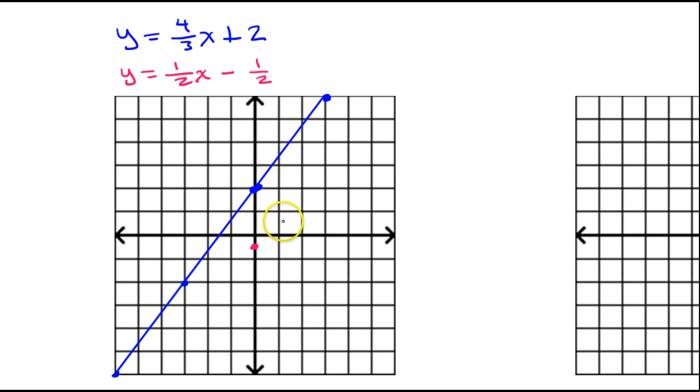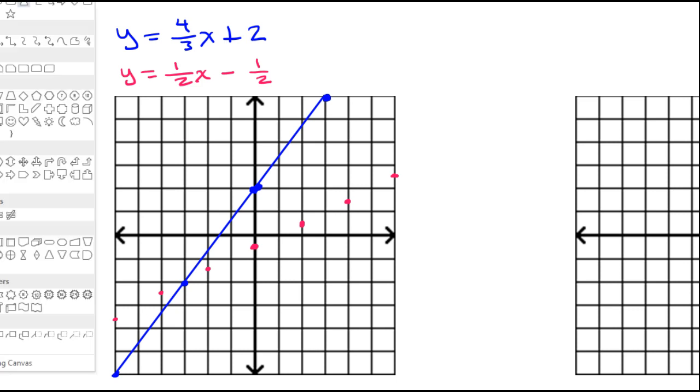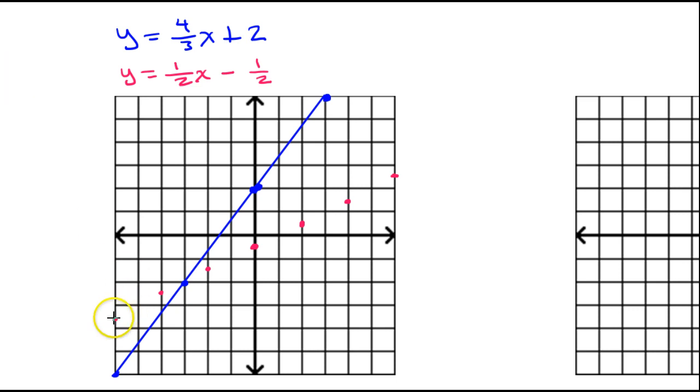So if I go up 1, right 2, up 1, right 2, I can continue the pattern to the left by going down 1, left 2, down 1, left 2. Okay, so again, I'm going to draw this line as precisely as I can by using my line tool.